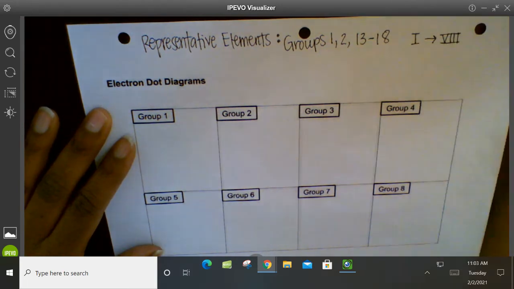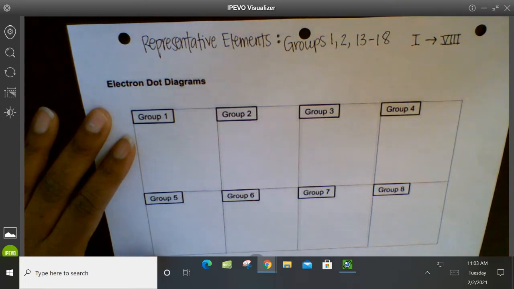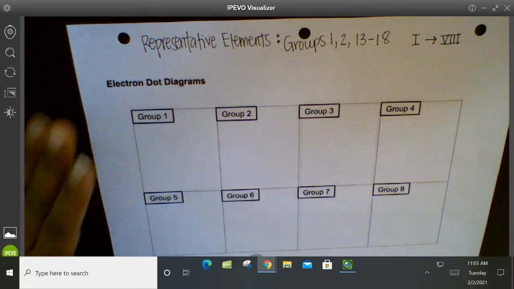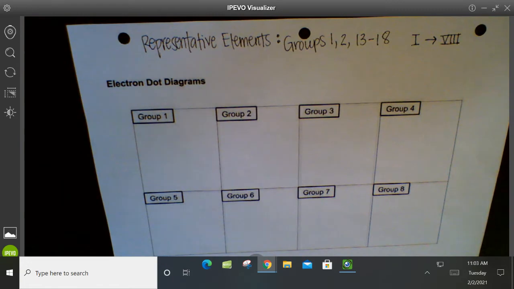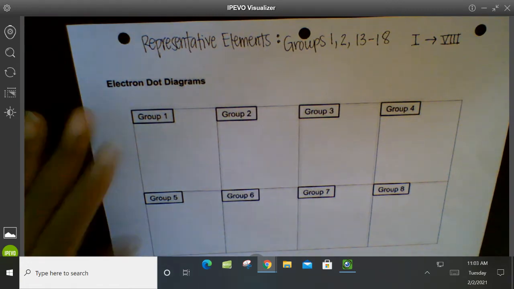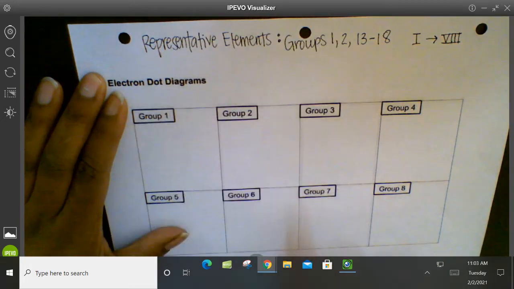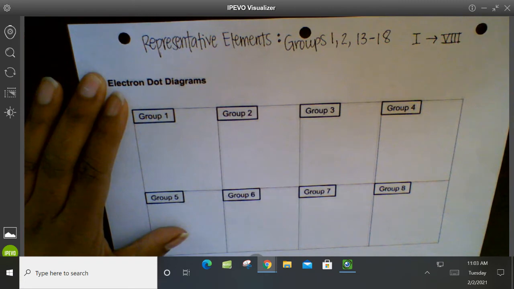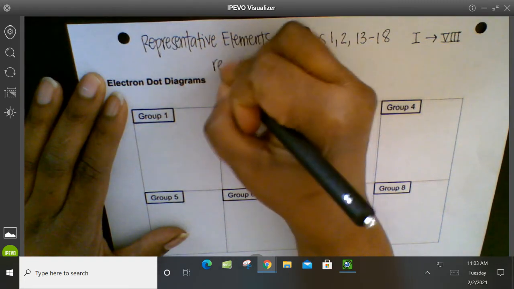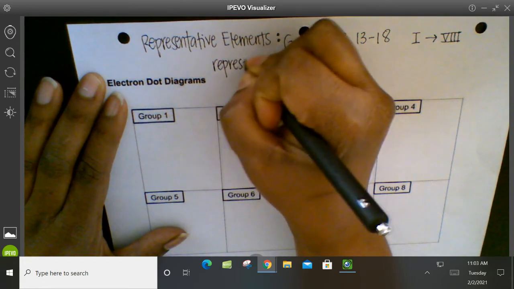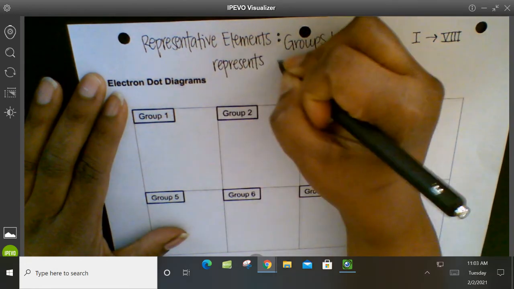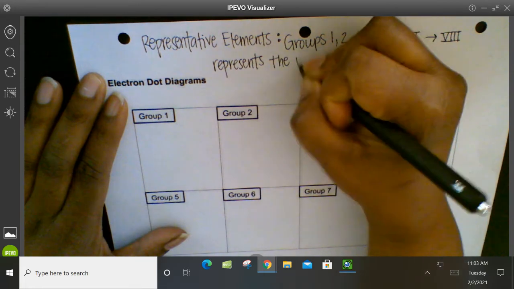The Roman numerals that represent these groups tell us the number of valence electrons they have. So the electron dot diagrams that we're going to draw out also show the number of valence electrons.